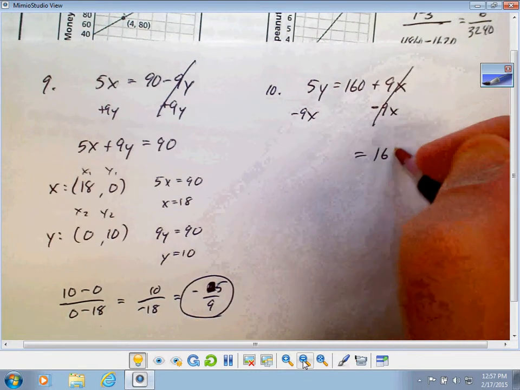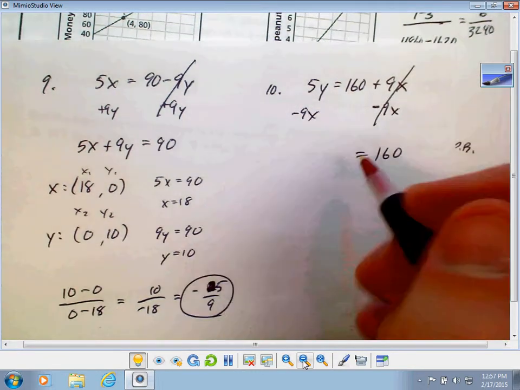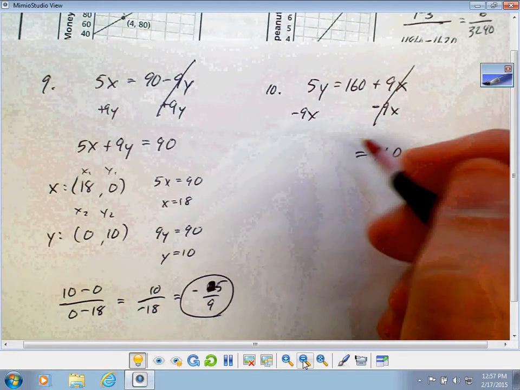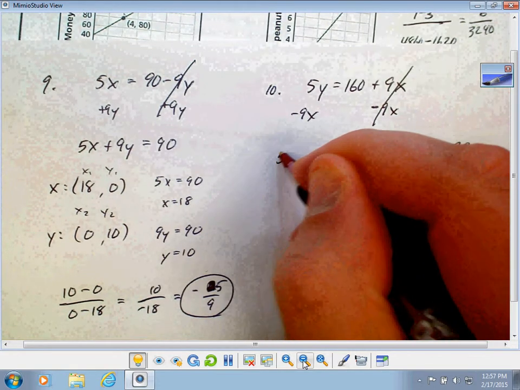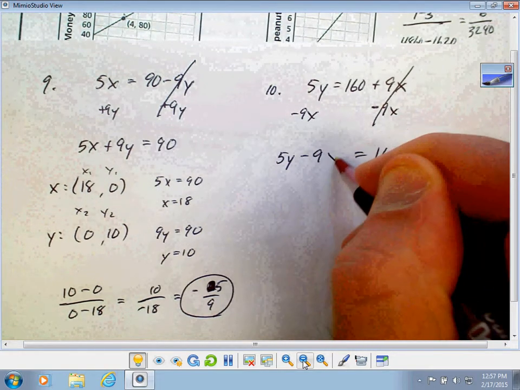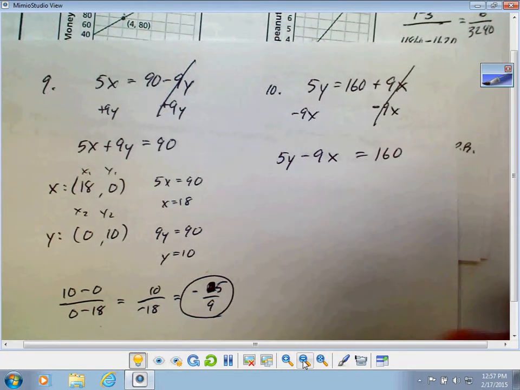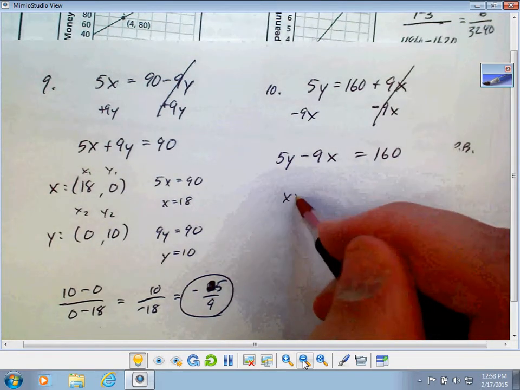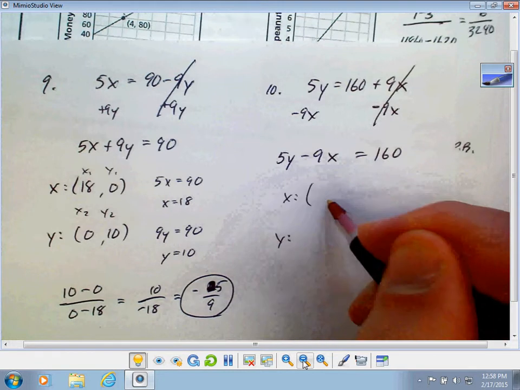And that'll leave me with just the 160 on this side. And on the other side, I can put the x or y first, it doesn't matter. 5y minus 9x. So I'm going to solve this one for its x and y intercepts.